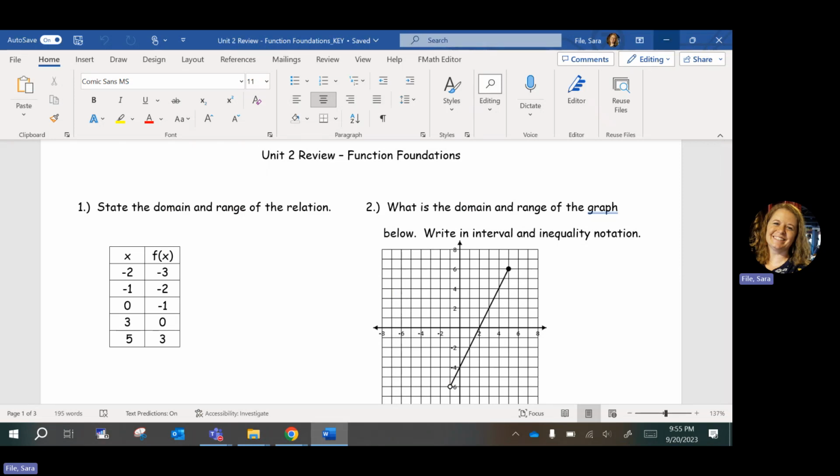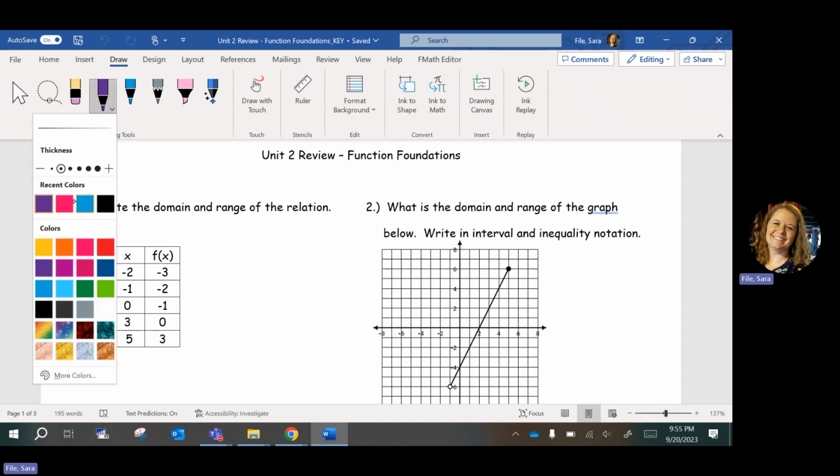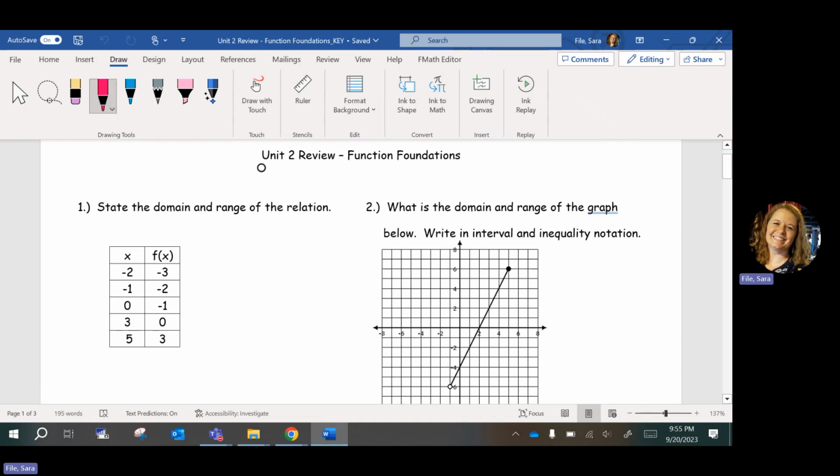We've got number 1 asking us to state the domain and range of the relation. A lot of this vocabulary you need to go back to if you're still unsure of. You need to be reviewing your notes, especially that supplemental note page we did last Friday that went over all the key features in general, not just the parent functions.